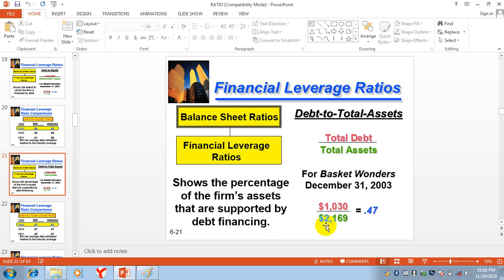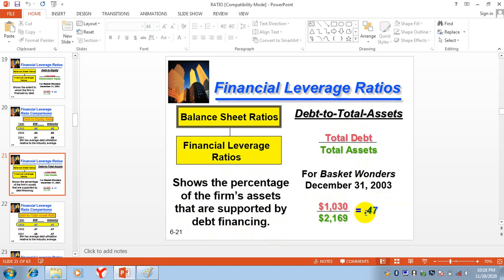Now check here. It shows the percentage of the firm's assets that are supported by debt financing, which is equal to total debt divided by total assets. Our total debts are 1030, in thousands, and our total assets are 2169.